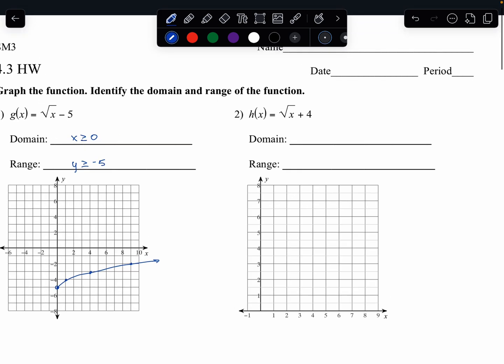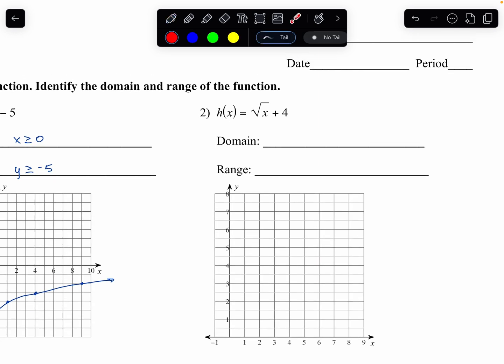Okay, here we have the square root function, but this time it's going to be moved up 4. I'm going to put the first point here, and then use the 135 rule just on its side. So 1, 2, 3, 1, 2, 3, 4, and 5.